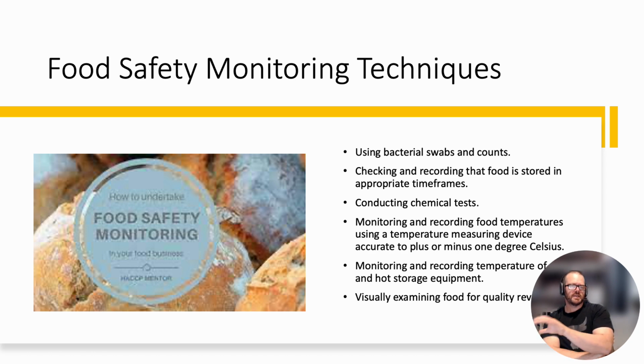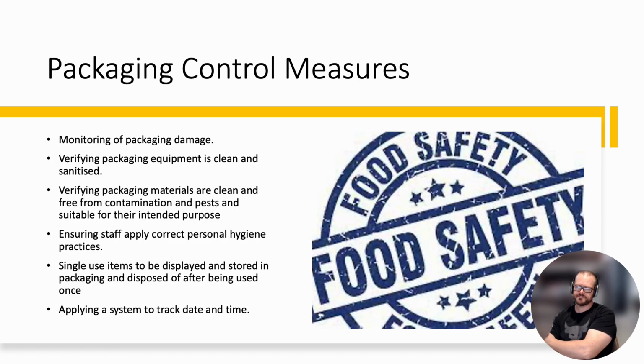Checking and recording that food is stored in appropriate time frames, so that's time and temperature controls. Conducting chemical tests, maybe a pH test. Monitoring and recording food temperatures using a temperature measuring device. Monitoring and recording temperature of cold and hot storage equipment, and visually examining food for quality review. These are all examples of food safety monitoring techniques.